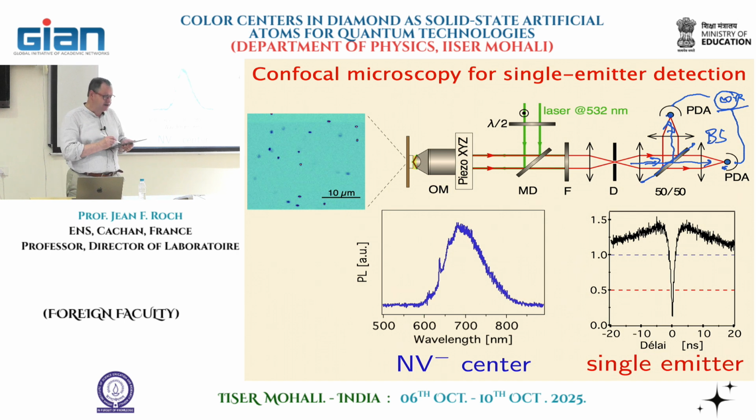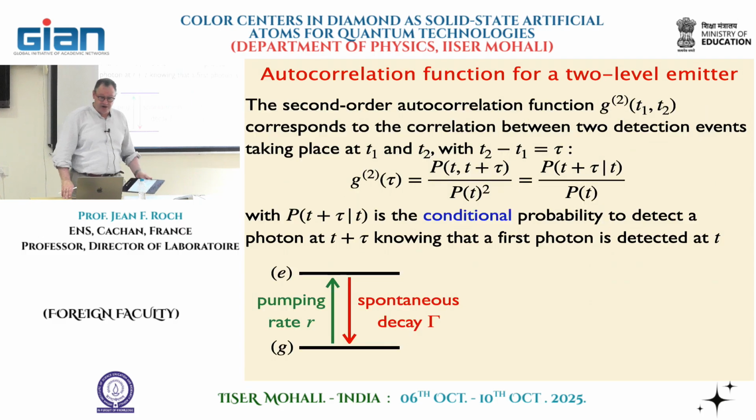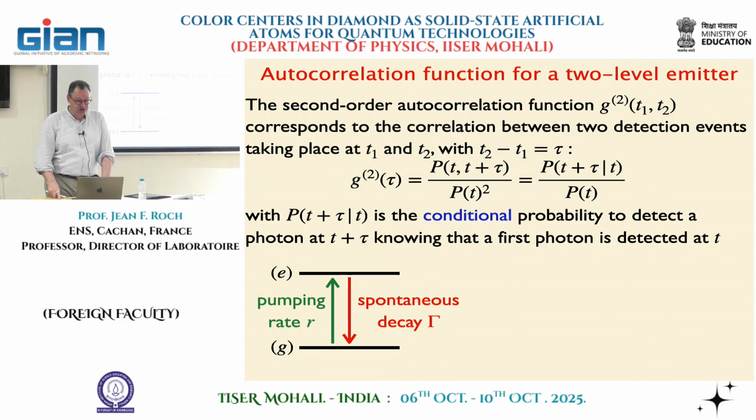And this corresponds, after normalization, to the definition of what's called the G2 function. The G2 function is defined as a correlation between two detection events taking place at times t1 and t2. And since we are investigating a stationary process, the origin of time is not relevant.